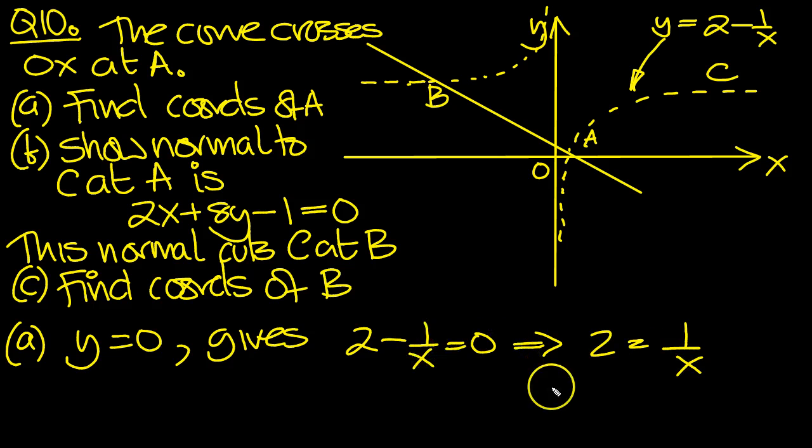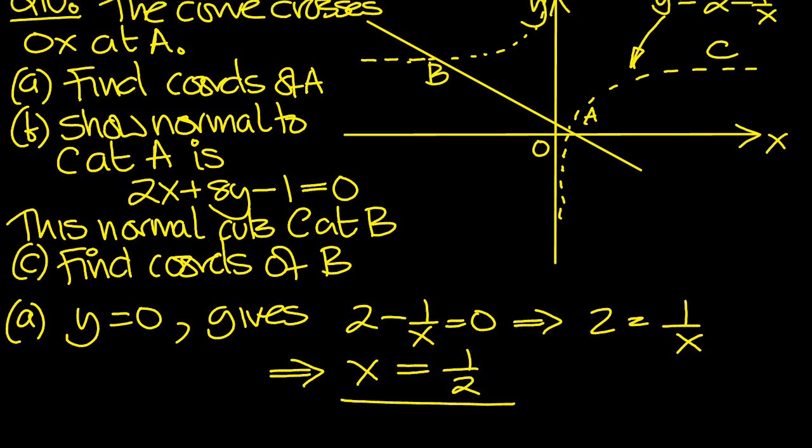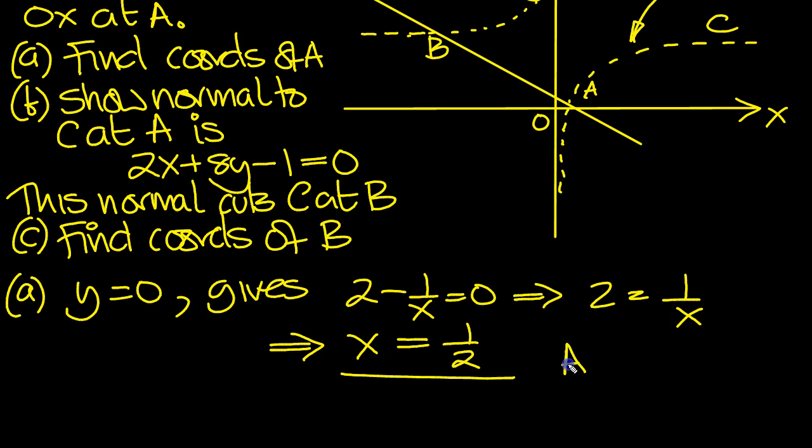Move this over, it flips the sign, and that tells us then, move the x up to be with the 2, and at the same time move the 2 down to be underneath the 1, so x is equal to a half. So when x is a half, y is 0, so A has coordinates a half and 0. Find the coordinates of A, done.